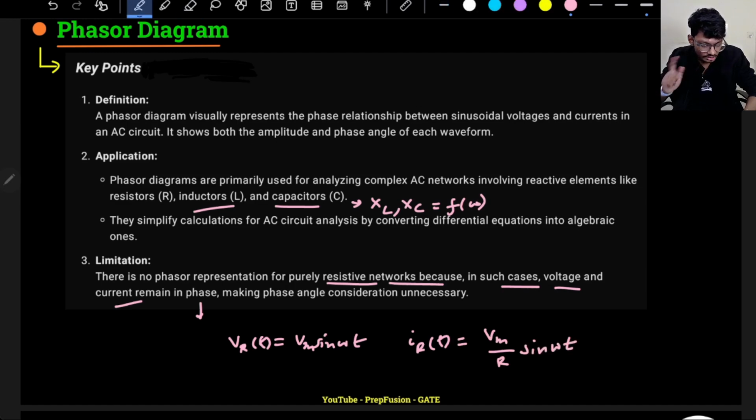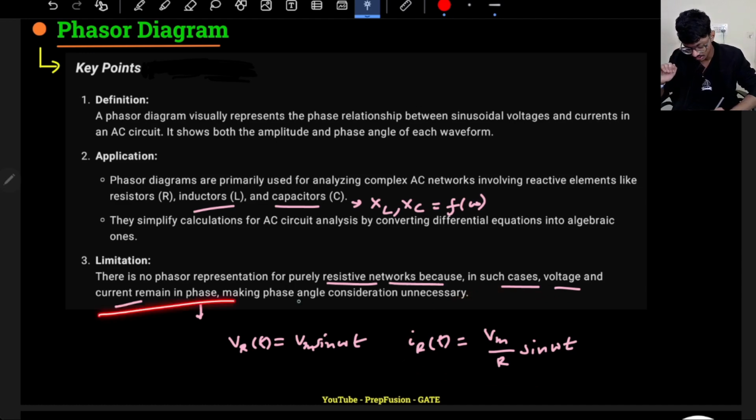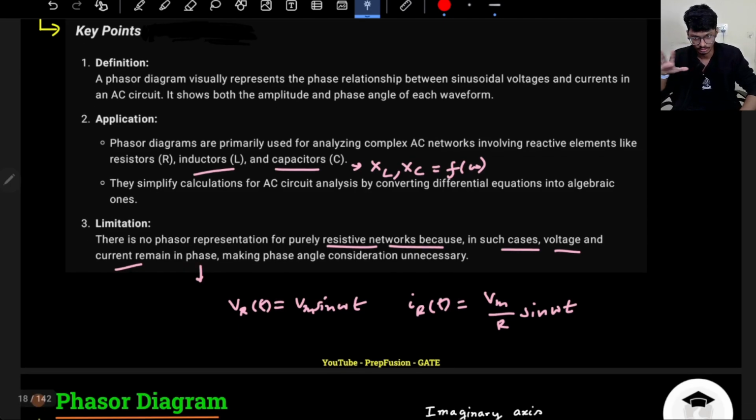But in the case of an inductor and capacitor, there will be a phase shift. Basically, the sine omega t will not stay sine omega t. It will be sine omega t plus 90 or minus 90. So there will be a phase shift. To represent that, we had to use phasor representation. So for a purely resistive network there is no concept of phasors. For other components like L and C, there is the concept of phasor.